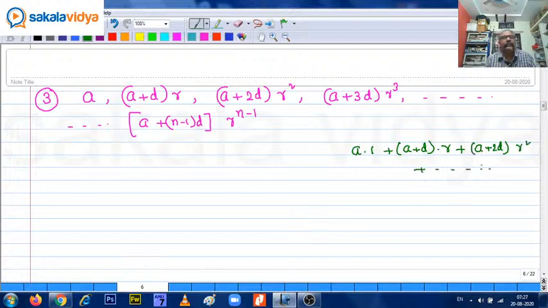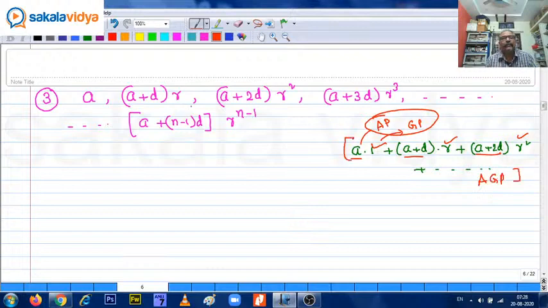See, if you consider the first factors a, a plus d, a plus 2d, the first factors are in arithmetic progression. Take second factors 1, r, r square, they are in geometric progression. That's why this is called arithmetic geometric progression. This is the general form of the arithmetic geometric progression, right?